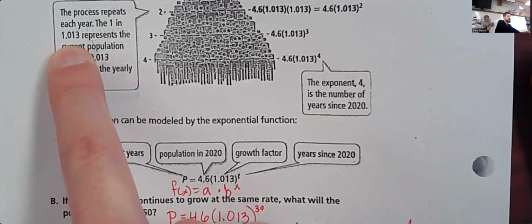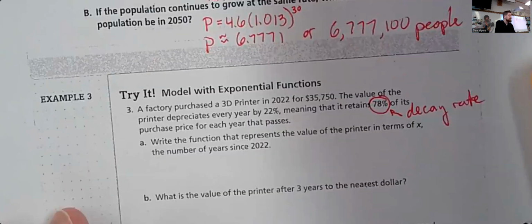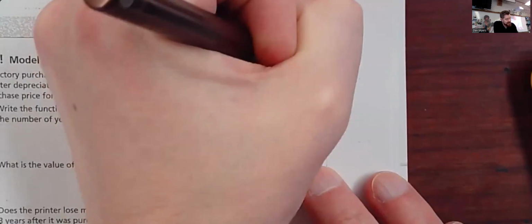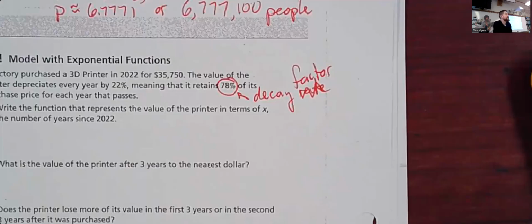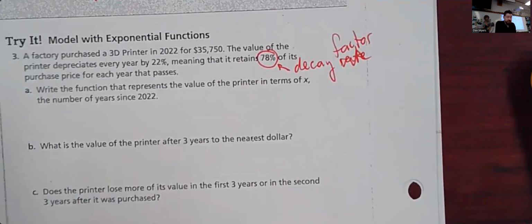So there's a difference between the growth rate and the growth factor. This is not the decay rate. Sorry, that's the decay factor. There's a difference between the rate and the factor. The rate is how much something is increasing or decreasing by. The factor is how much of that thing you're going to end up with after you apply the calculation.